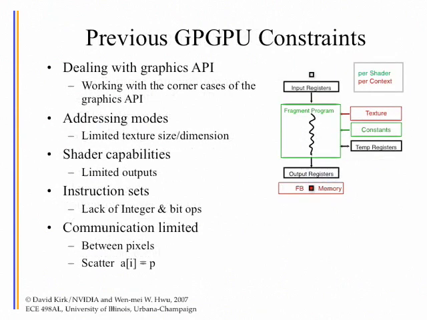The problem with what we call the previous GPU is the constraints that get imposed on the programmers. Basically, all these programming models are built on what we call graphics APIs. For those of you who are familiar with graphics, there's OpenGL, and there's DirectX, a Direct 3D kind of API.